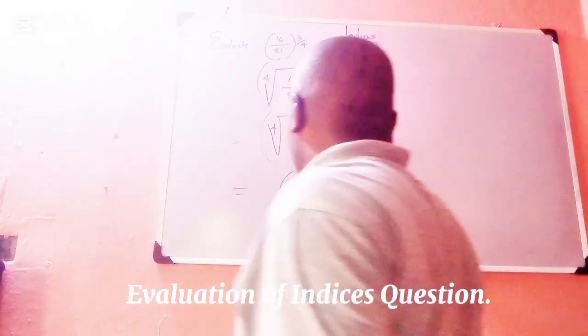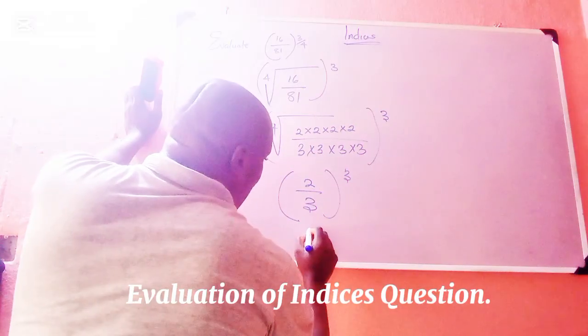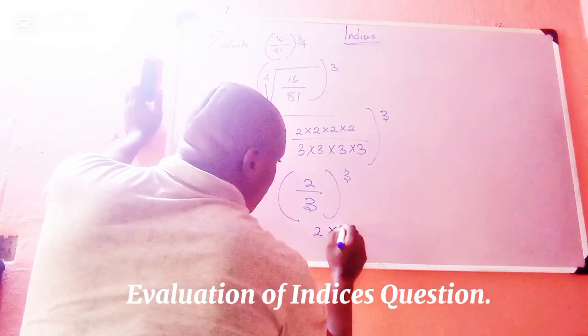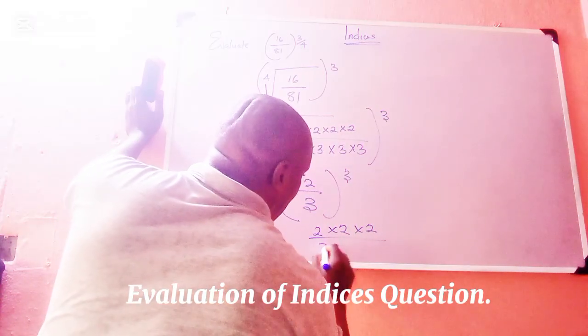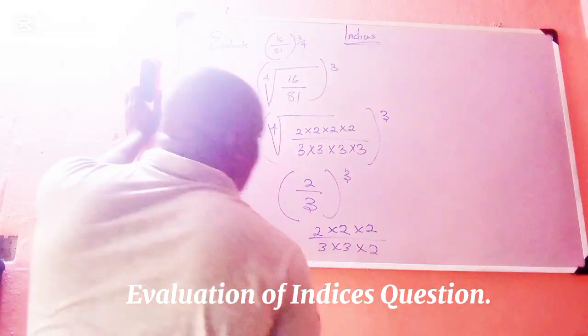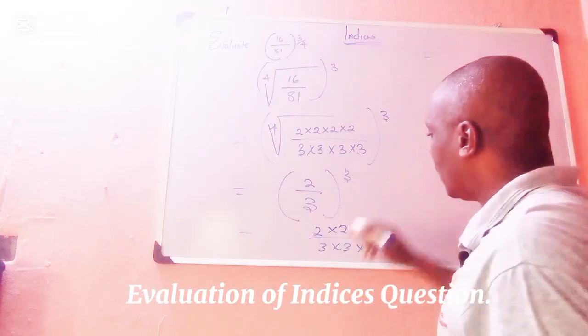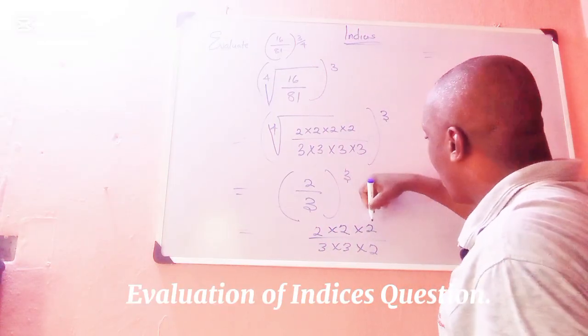The next stage is 2 times 2 times 2 all over 3 times 3 times 3. So this will give us 4, and then 8.